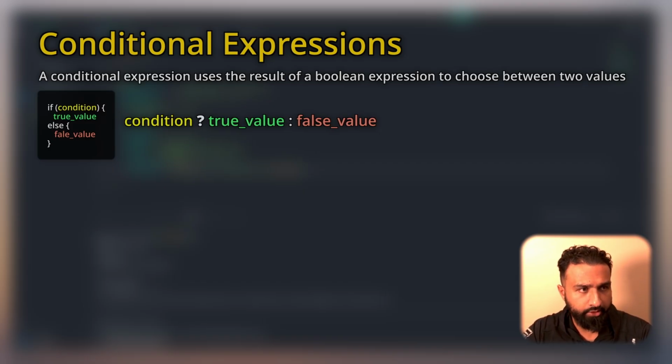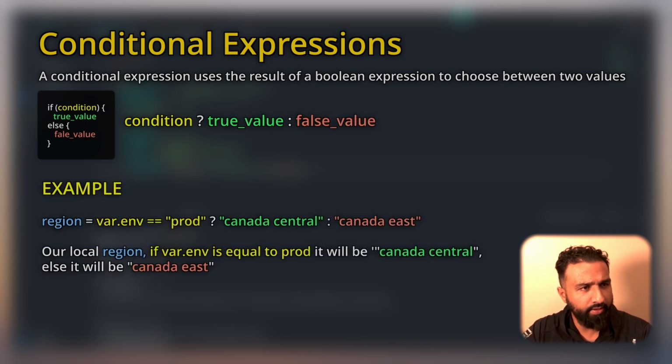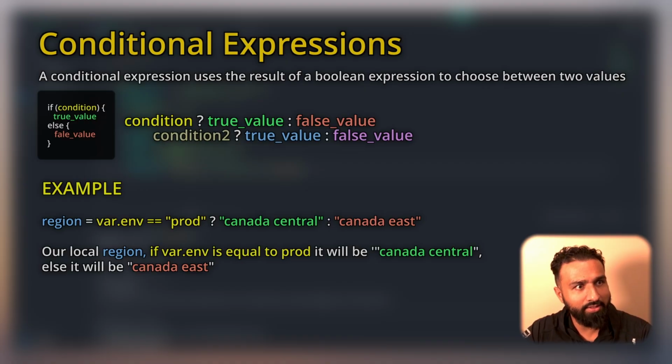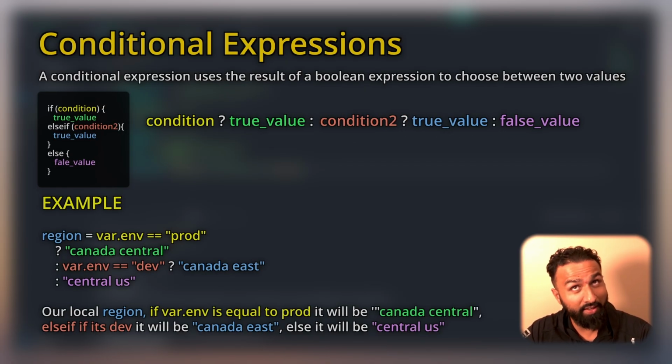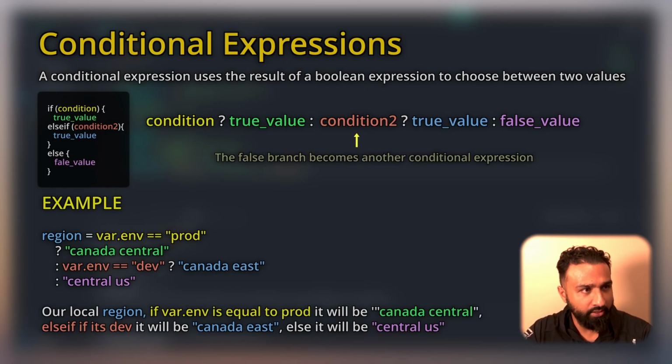The question mark separates the condition from the first value, which is the true result, which it will set if the condition is true. And then after the colon is where it sets the false value. If the condition does not become true, it will lead to the false value being applied, giving us the equivalent of an if-else statement. And we can take it one step further and make an if, else if statement, where we do condition question mark true value, colon, condition question mark true value, colon, false value. It'll make a lot more sense when I show you an example.